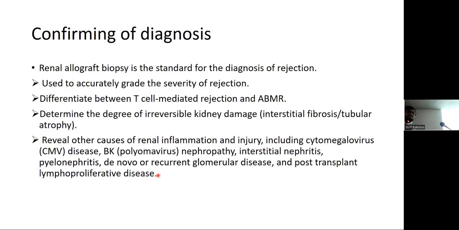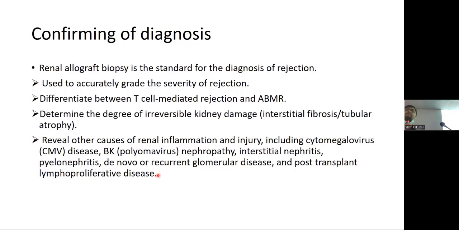Now, performing the diagnosis, the allograft biopsy is the standard. If serum creatinine is not declining to the normal level within the due period, this will also be an indicator of rejection in early stages. If creatinine stops declining, this will also indicate rejection.